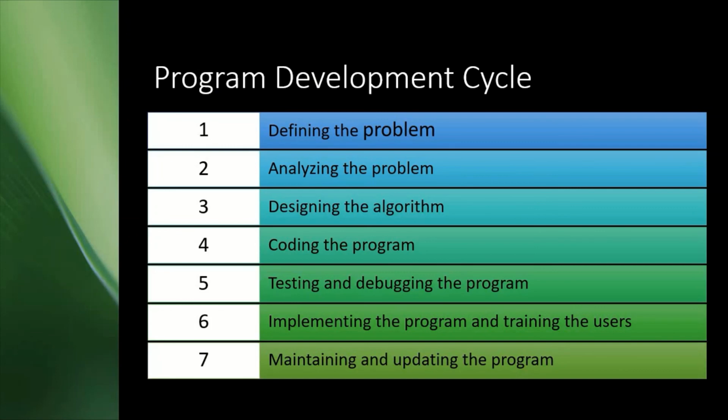These steps are followed in sequence, and sometimes it is also required to go back to the previous steps whenever required. For example, once the problem is defined and analyzed and the design is prepared using algorithms or other tools like ER diagrams, flowchart, use case diagrams and so on, this design of the program is communicated with the end users.